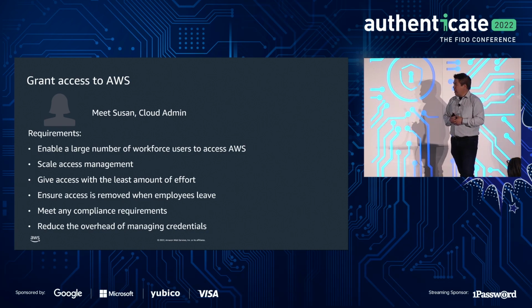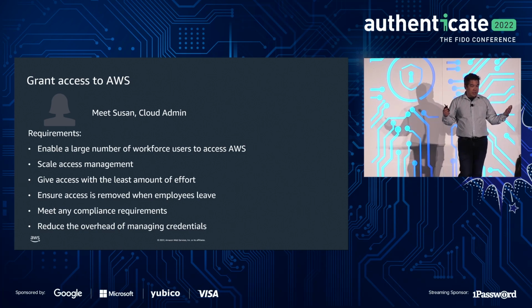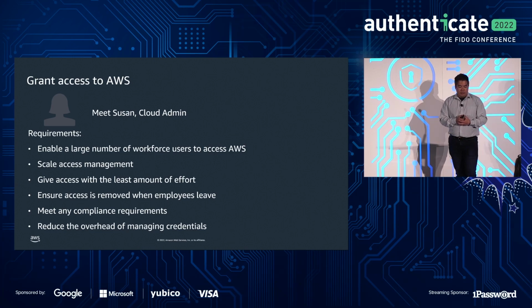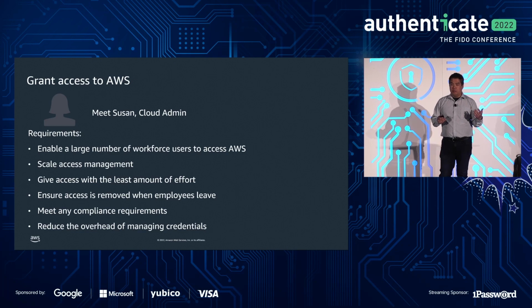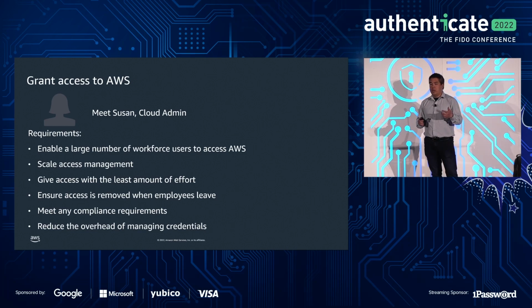And how do you give access with the least amount of effort? Also, how do you ensure employees' access is removed when employees leave? And then meet compliance. And then reduce the overhead of managing credentials. Now, this is in reference to the management of credentials for the user. What is their user experience when they have to manage credentials?